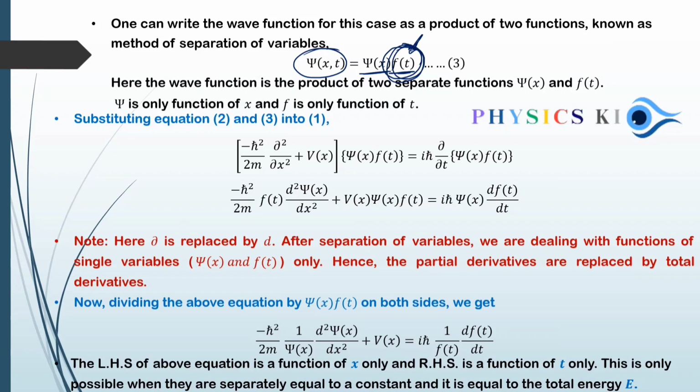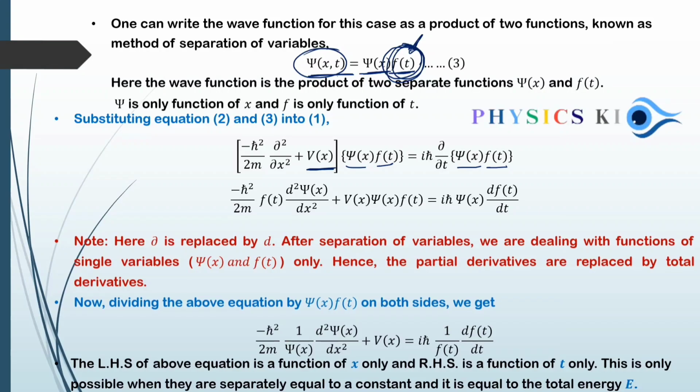Just replace V of x,t with V of x, and wherever we have psi of x,t, replace it with psi of x and f of t. So we write psi of x and f of t here, and again psi of x and f of t here. Got the idea?